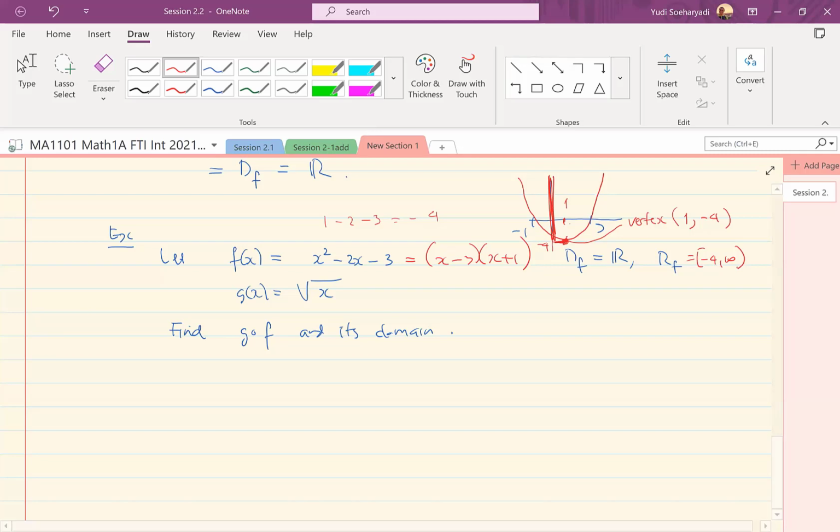Okay, while for G, well, you can only plug in non-negative numbers and the same as the range. Okay, just draw the diagram. F going first.